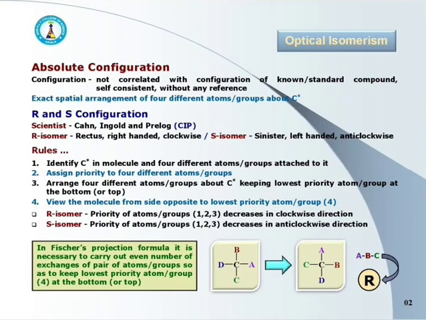The self-consistent configuration of enantiomers or asymmetric carbon without any reference or correlation to the standard or known compound is called absolute configuration. We may call that the exact spatial arrangement of four different atoms or groups around an asymmetric carbon atom.